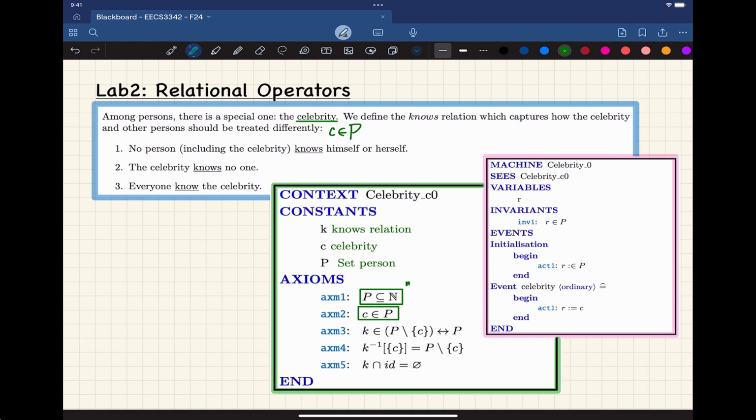So we are modeling the set of persons via unique integer IDs, starting from 0, of course. So maybe a person can be 0, a person can be 1, a person can be 10. But all the persons have a unique ID. That's what we got so far.